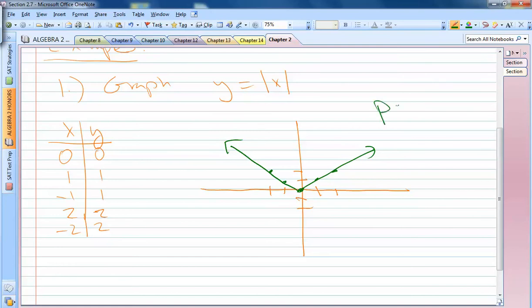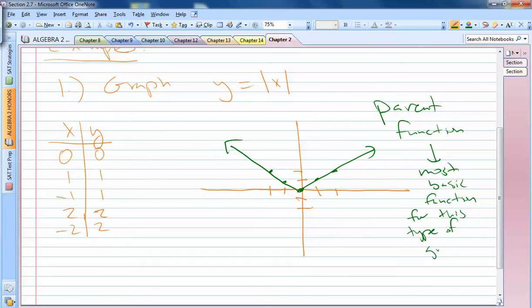We also call this the parent function because it's the most basic function for this type of graph. We also call the sharp corner the vertex. The vertex is at 0, 0 for obvious reasons.